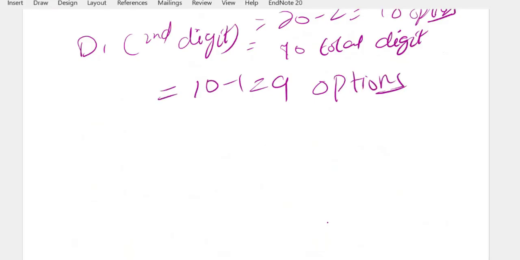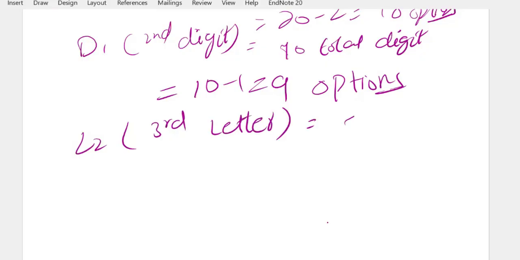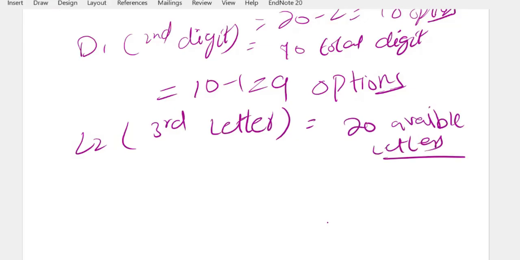Okay, the last one is L2, the third letter. So we have 20 available letters, and L1 is used, and repetition is not allowed. So 20 minus 1, we have 19 options.